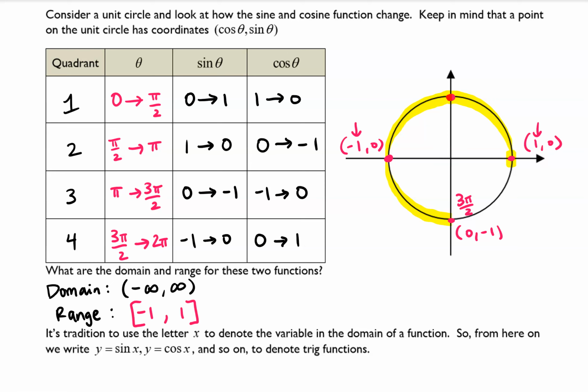Now, it's tradition to use the letter x to denote the variable in the domain of a function. So from here on, I'll use them interchangeably. We'll use theta, but oftentimes you'll see me write y equals sine of x and y equals cosine of x as well to denote our trig functions.